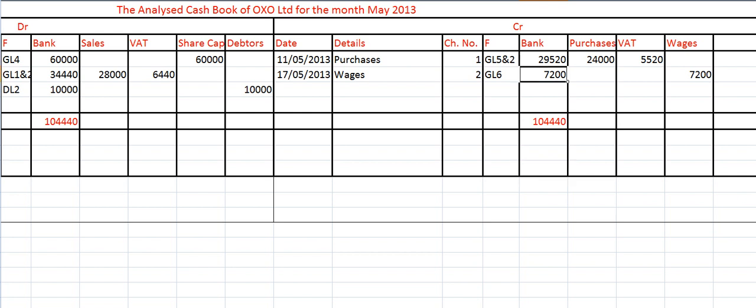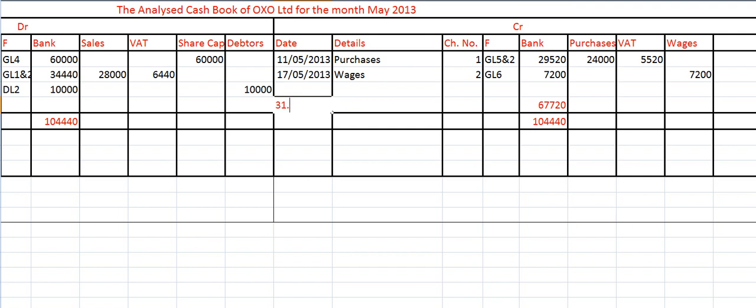Now, 29,520 plus 7,200 does not equal 104,440, and that's where we get the balancing figure. What is the figure that is missing here? What will balance this account? The balancing figure is when you subtract 36,720 from 104,440, and you get 67,720. And that is at the end of the month.